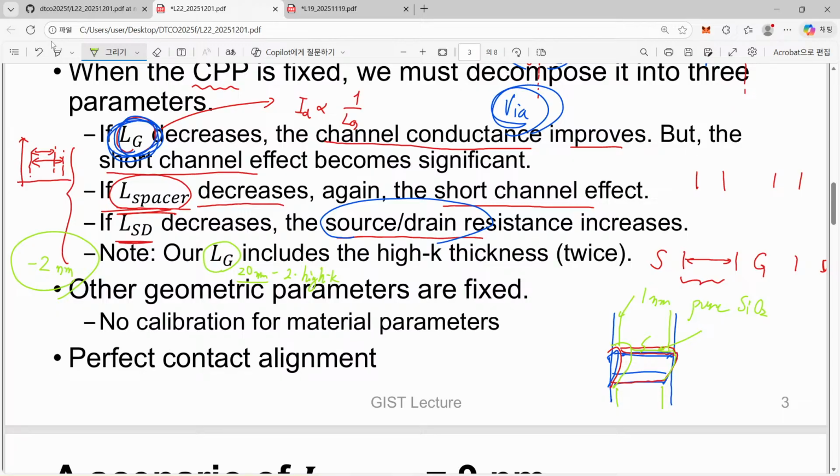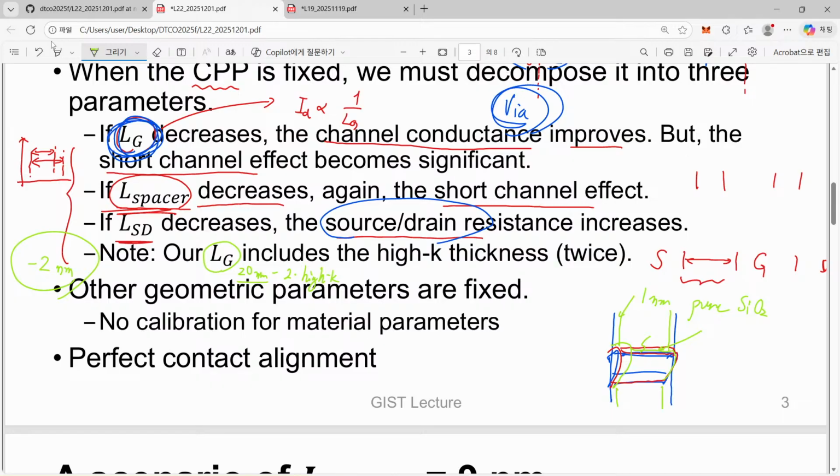So if we go down to 12 nanometer drawn length, then it corresponds to really 8 nanometer gate length. So nowadays when we say gate length, we must consider the real gate metal length, not the drawn dummy gate length.